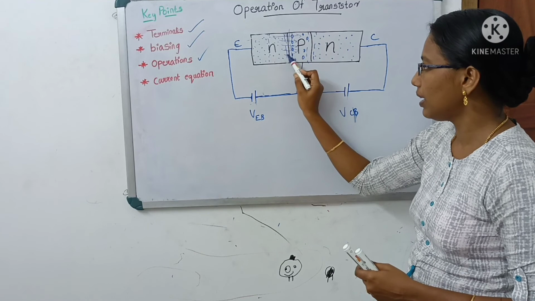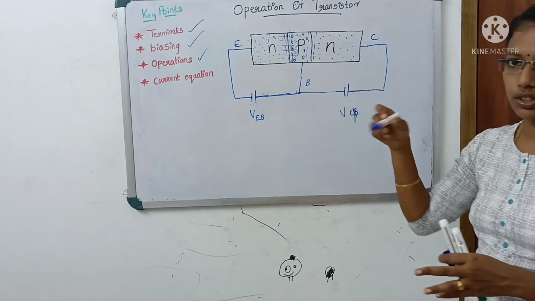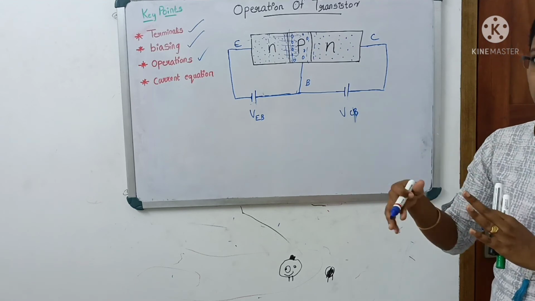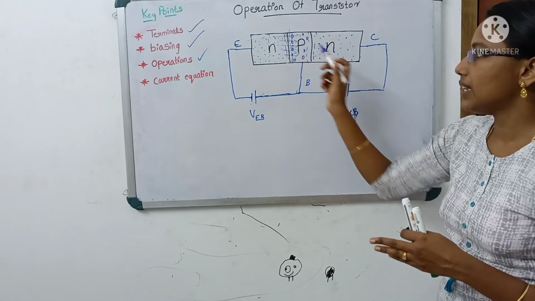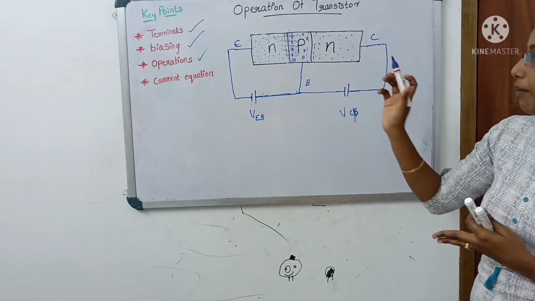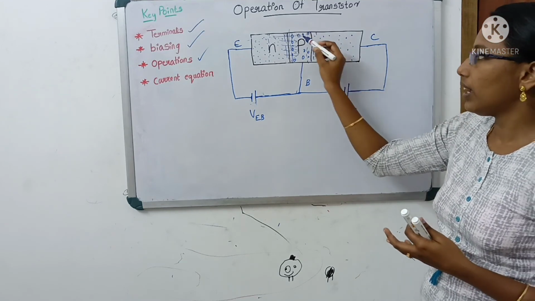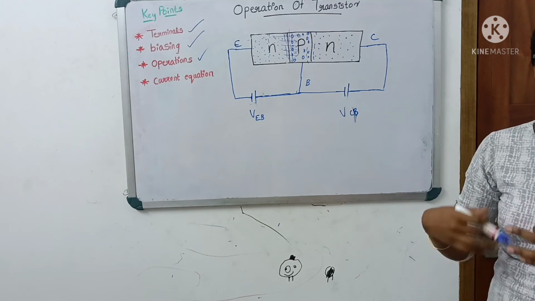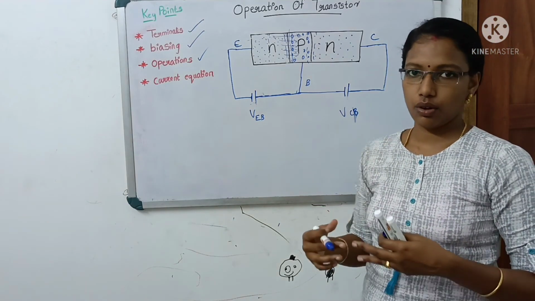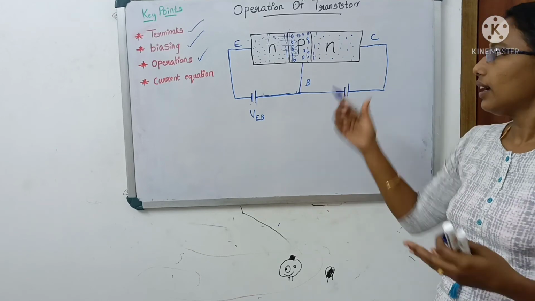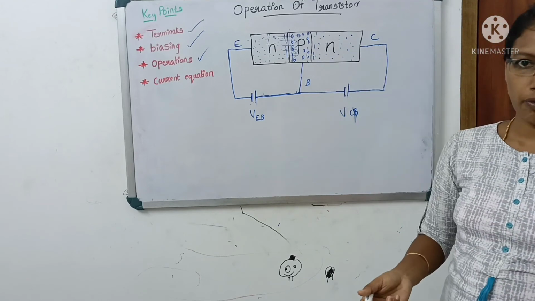These free electrons, the valence electrons in the N region, the majority charge carriers, move to the base region. In the base region there are holes, so some recombination takes place, and here the majority charge carriers are holes, and a base current is developed.